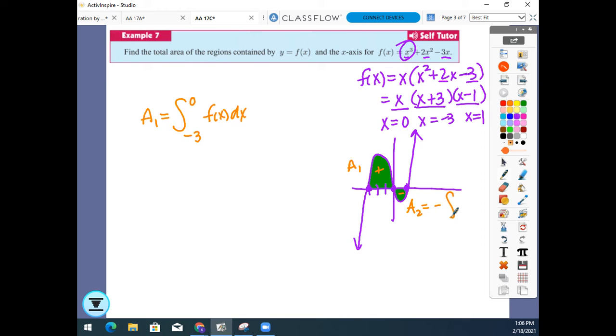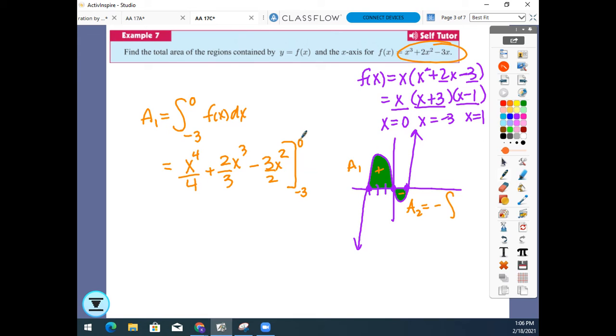All right. So here's where I need to take this function and do the integral, the antiderivative. So I'm going to add 1 and divide, add 1 and divide, add 1 and divide, from negative 3 to 0.